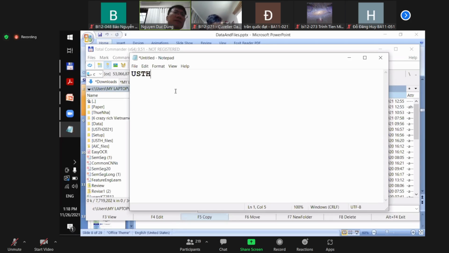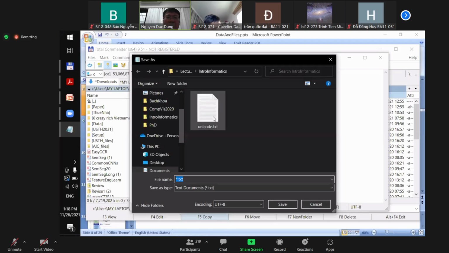Now my document has only 4 characters. In the Notepad application pre-installed in every Windows version, I save the document with the name USTH, for simplicity and remembering. The file type is TXT, which stands for text files.